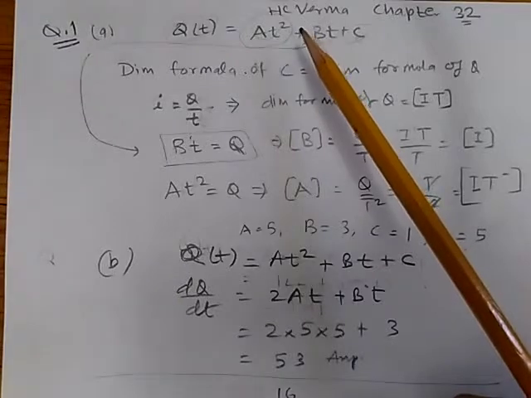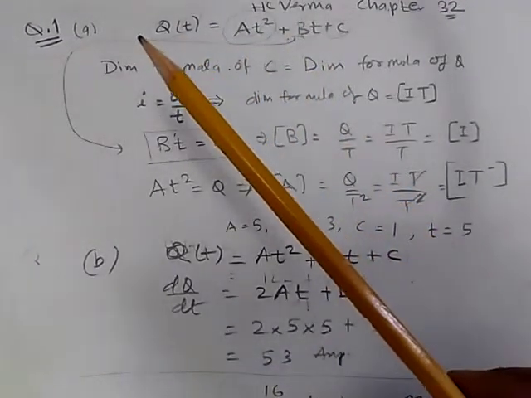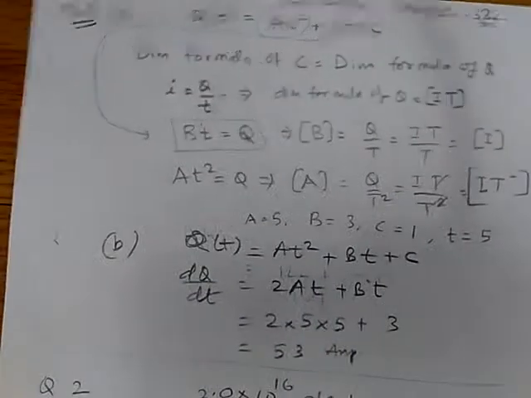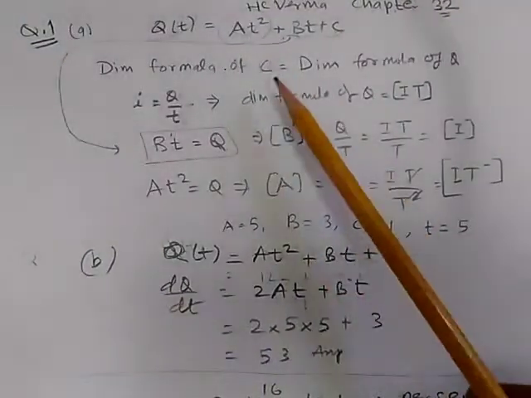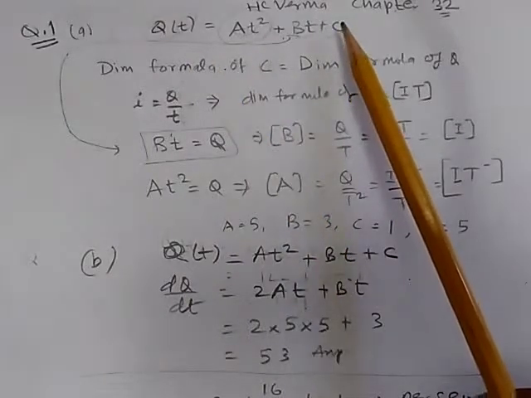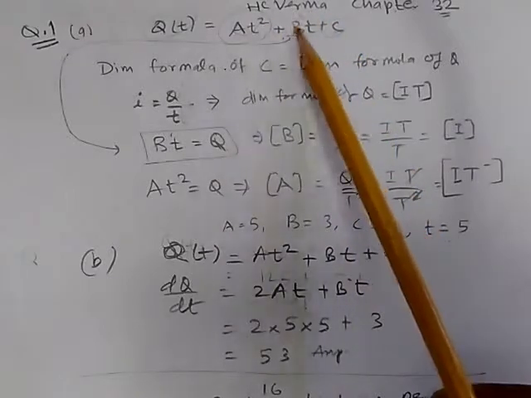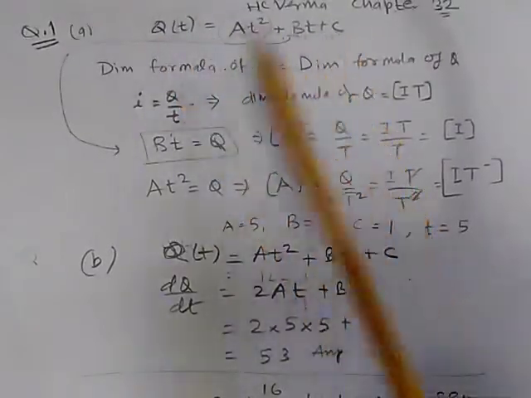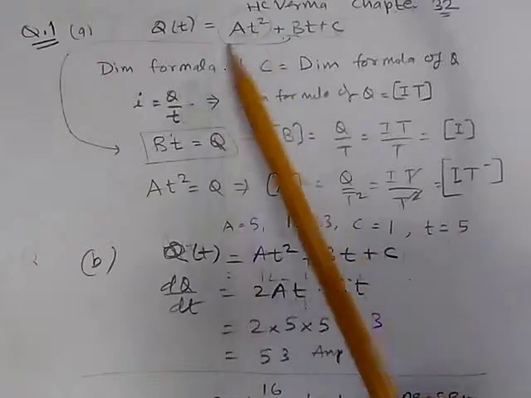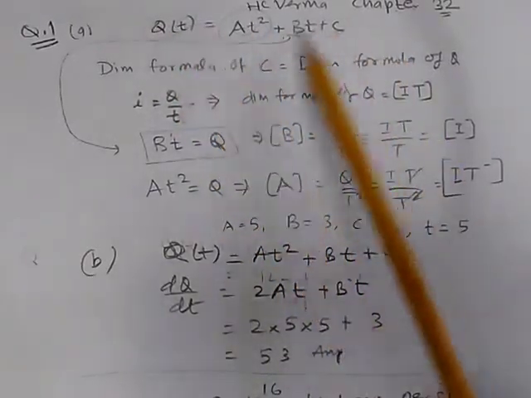Let's say I ask you a question, what is 13 seconds plus 3 meters? Now this is an insane question. You don't add seconds to meters. So the dimensional formula of C must be the same as the quantity that we are adding or subtracting to or equating to. So the dimensional formula of C is equal to the dimensional formula of charge Q.